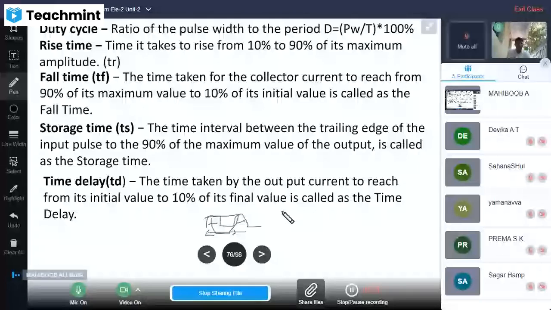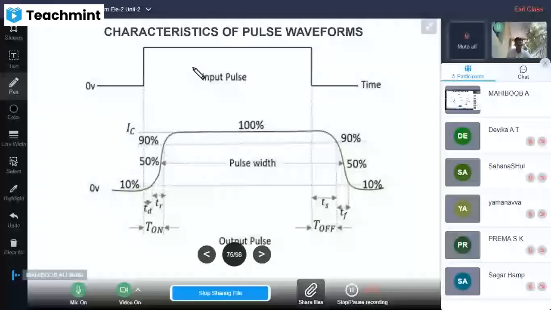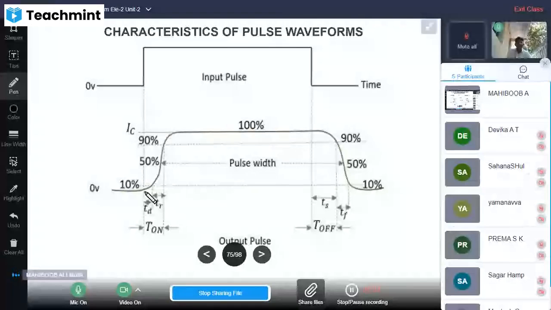This is actually the input pulse. This is the output pulse. When this pulse is moving from input to output, it undergoes such a change in shape and is measured in this way, that is TD, TR, pulse width. Pulse width is generally measured between the 50% points of the pulse rising as well as falling edge, not from 0 up to a certain value.